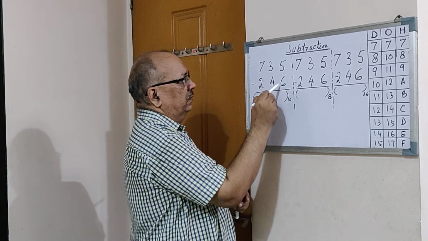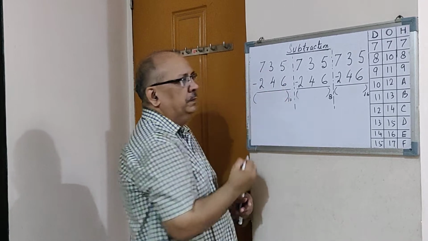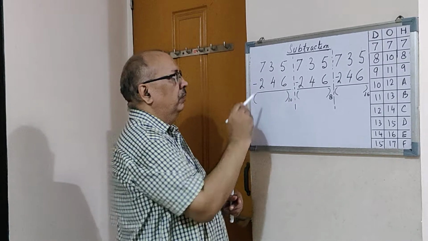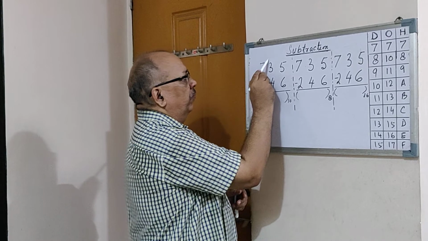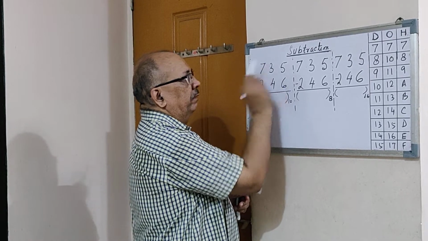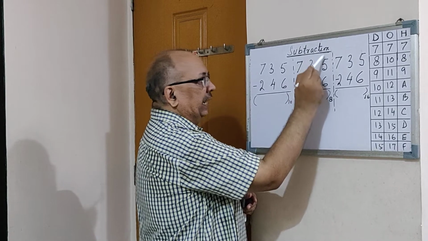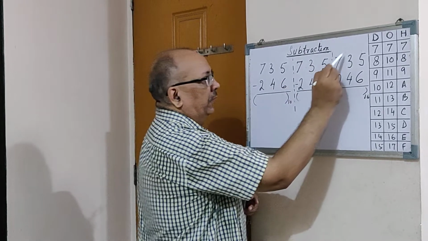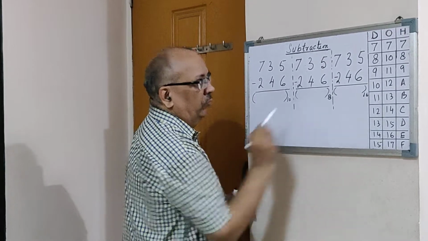Whenever we have to subtract a bigger number from a smaller number, we always have to take a borrow. If I take 1 from here, I am taking 10. If I take 1 from here, I am taking 8. And if I take 1 from here, I am taking 16. You can see the equivalence.